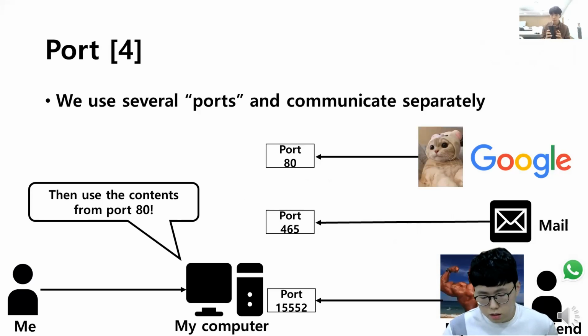Like this, the first device is given port 80, and the second device is given port 465. Then even if they have the same IP address, we can distinguish these two devices.